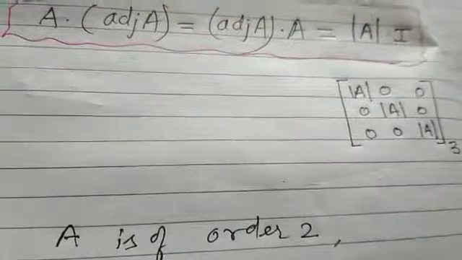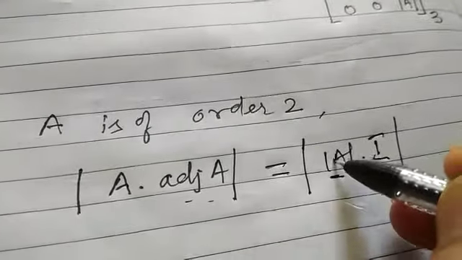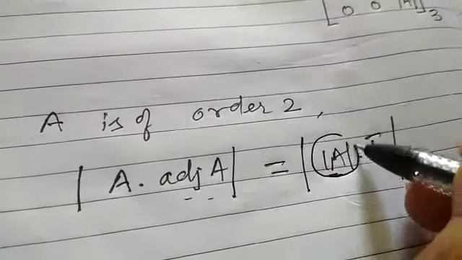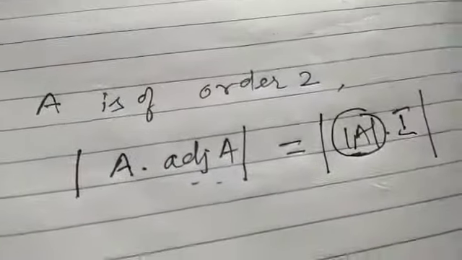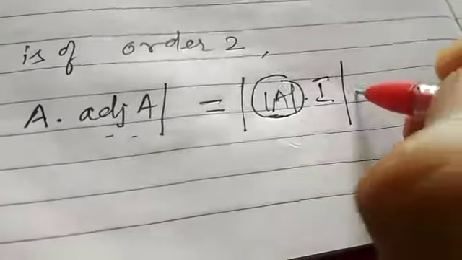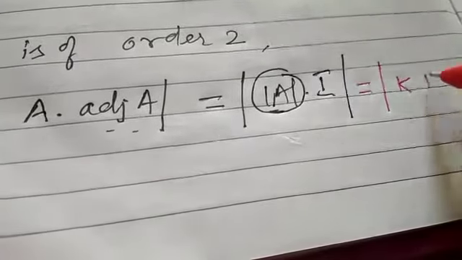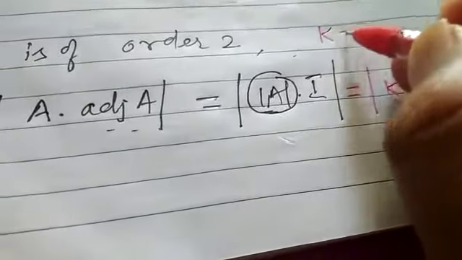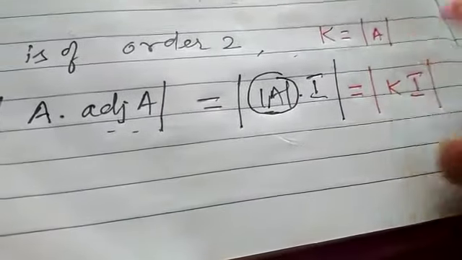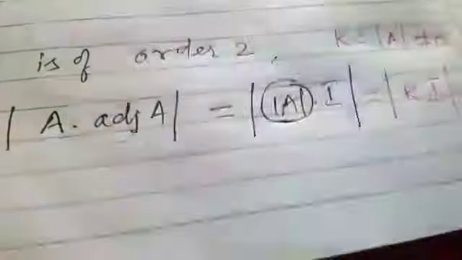It is determinant of A into I. And determinant A is purely a scalar number, so we can replace it by some constant K, K times I, where K is determinant of A, provided it is not 0.